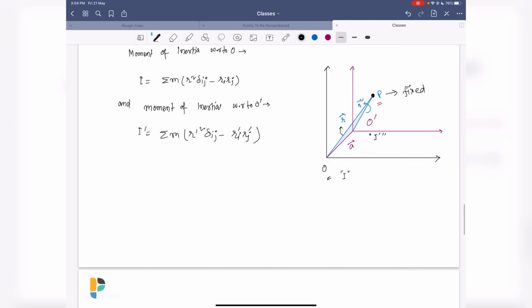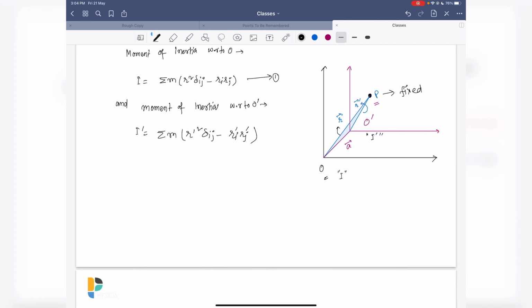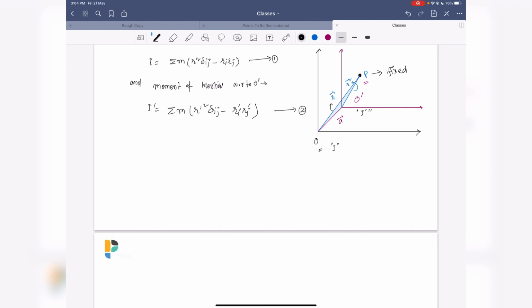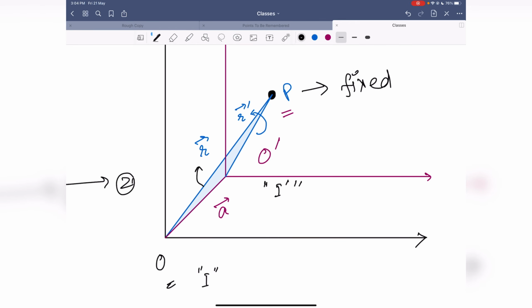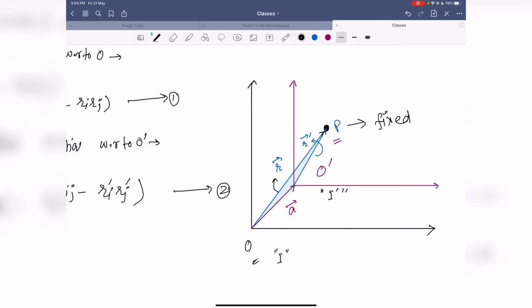Let it be equation 1 and this be equation 2. Now if I look closely, this is the first position vector, this is the translation vector, and this is the second position vector with respect to O dash. So I can use the triangle law of vector addition here.